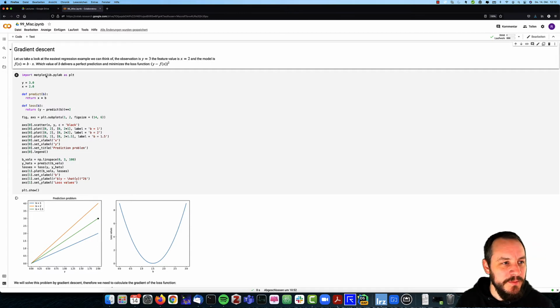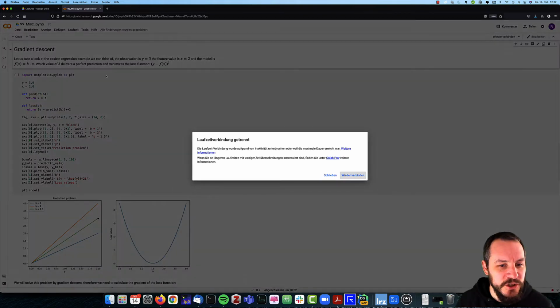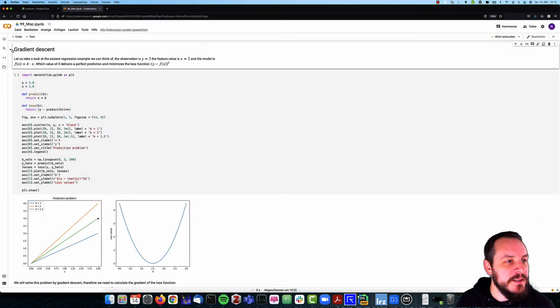And the model is just simply one parameter b times the feature variable. And obviously we are looking for b such that our target estimate, our prediction, is equal to the true observation of the target variable.